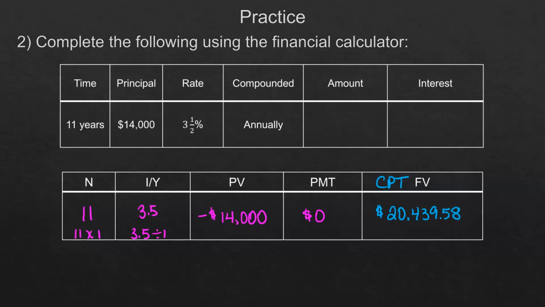All right, so we take that future value, the 20,439.58, and we put it up here in the amount. And then to find the amount of interest, we simply subtract the 14,000, and then that gives us the amount of interest, 6,439.58, right?